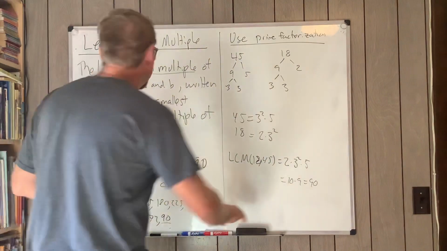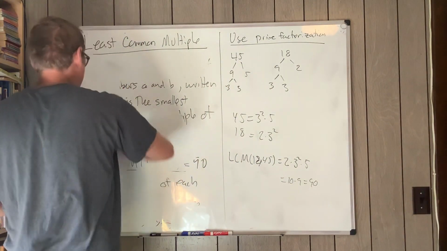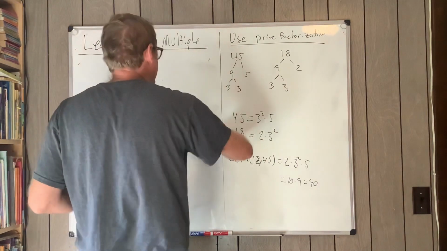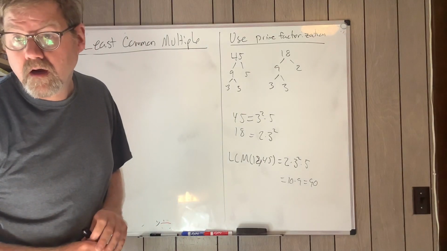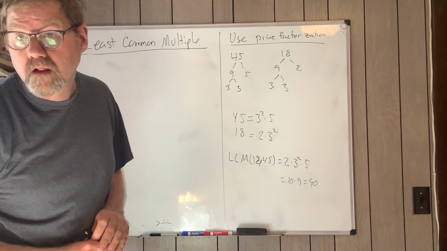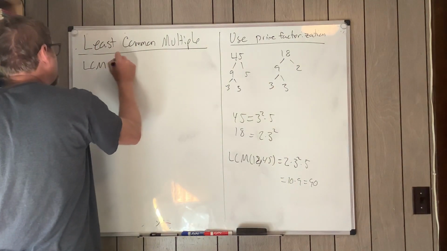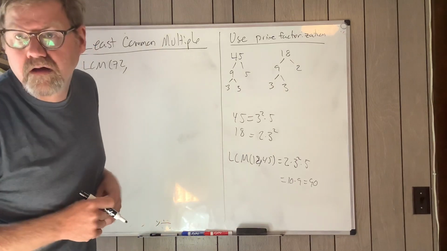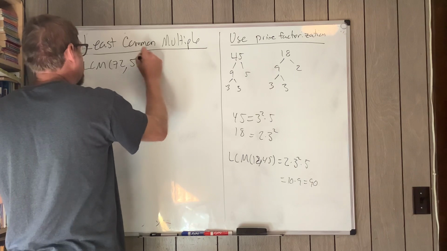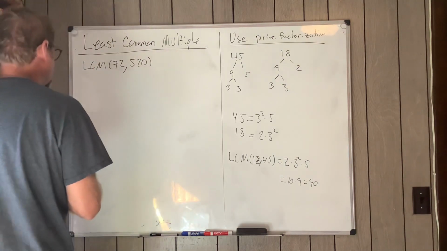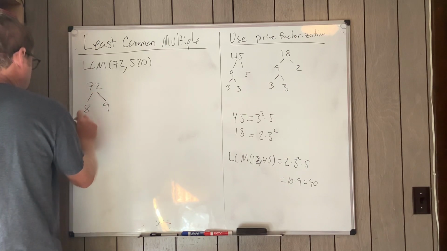So let's do another example. Let's find the LCM of 72 and 520. So 72 is 8 and 9.